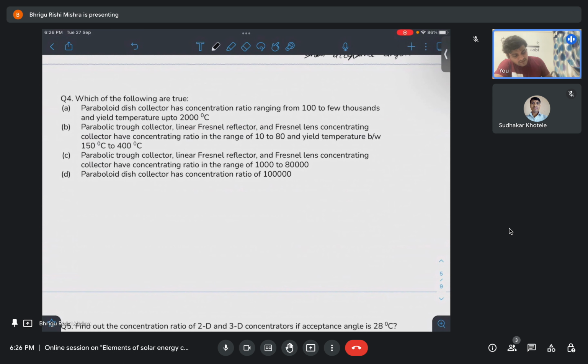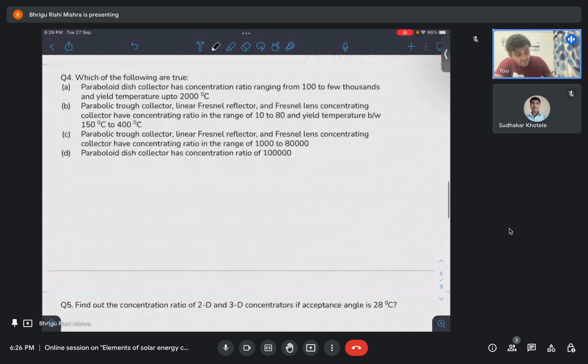So first, these are very high concentration ratios. Let's see whether this high concentration ratio is even possible or not. The maximum concentration ratio is between the sun and the earth, so the theta for that is around 0.267.